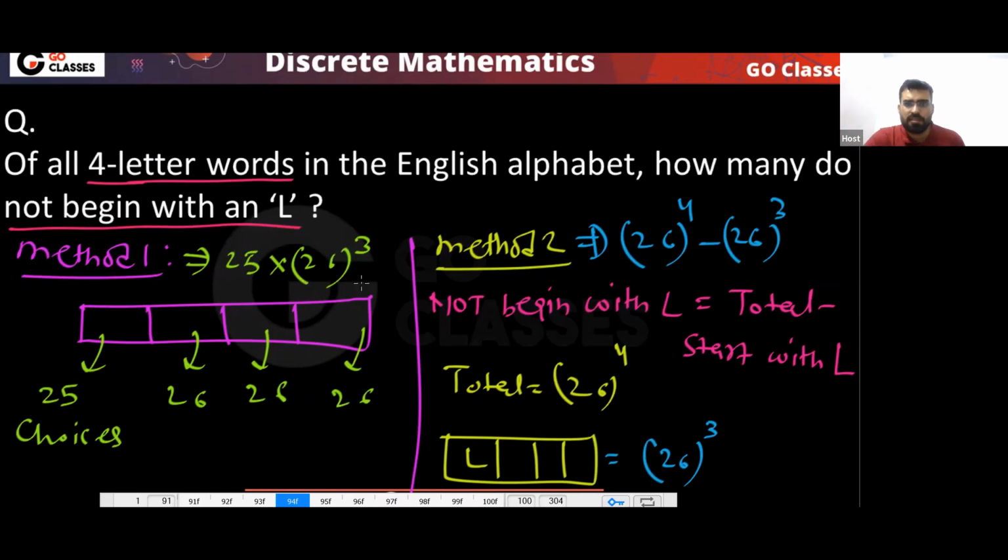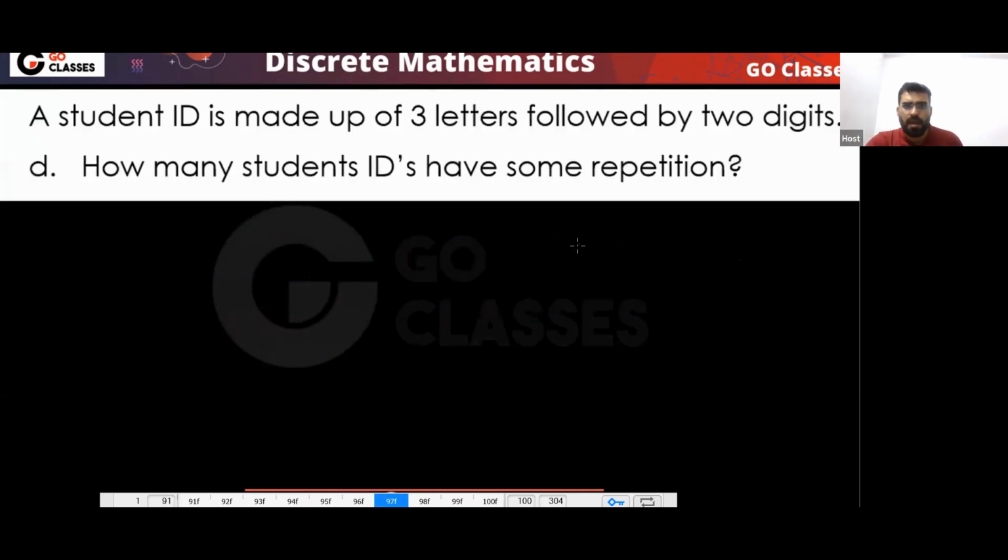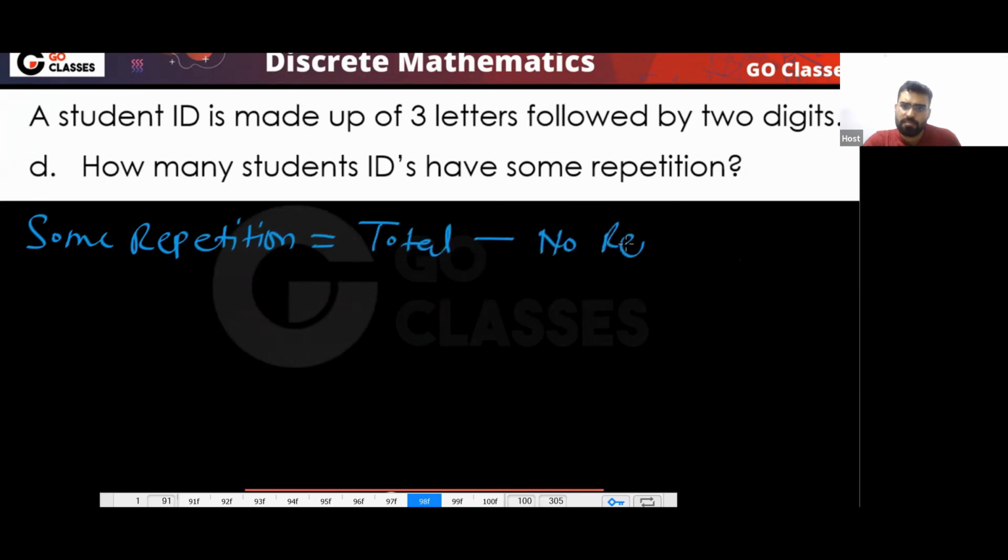Okay, this is an interesting question. Tell me, how many student IDs have some repetition? Some repetition means at least one repetition. So how many student IDs will have at least one repetition? Very simple: some repetition simply means total minus no repetition.